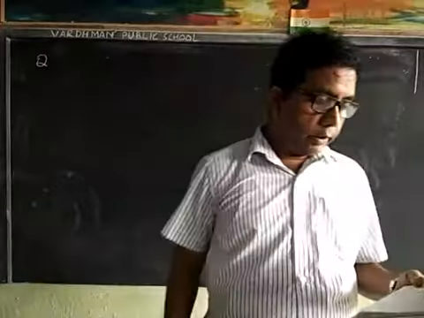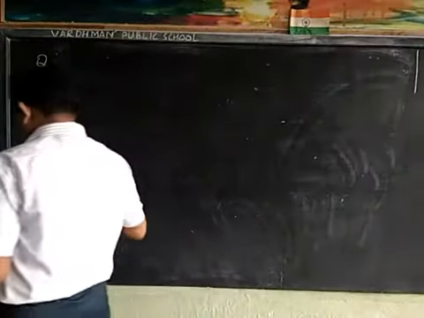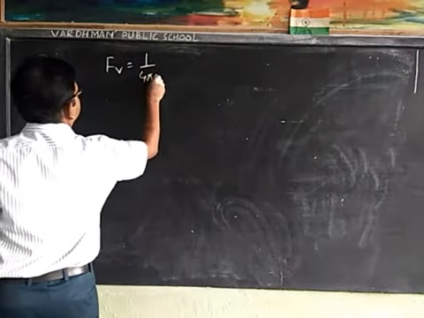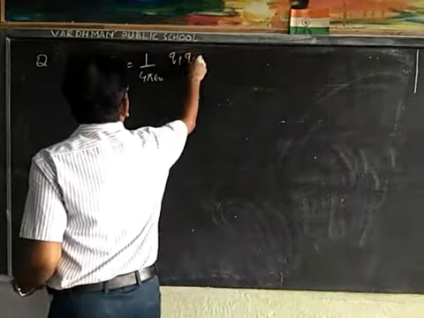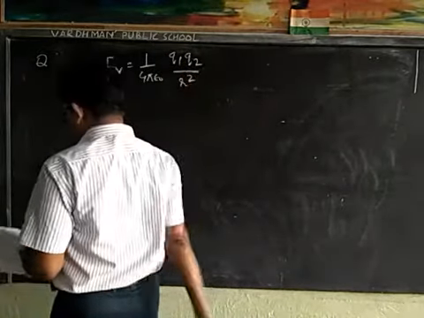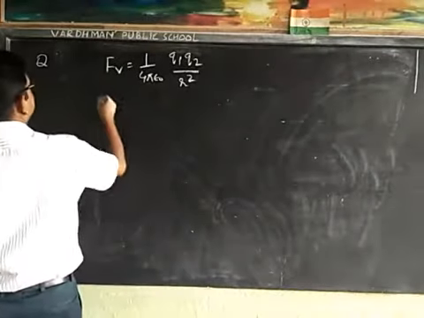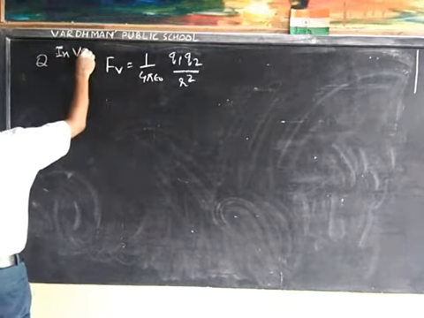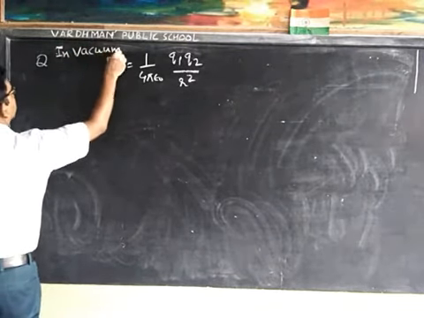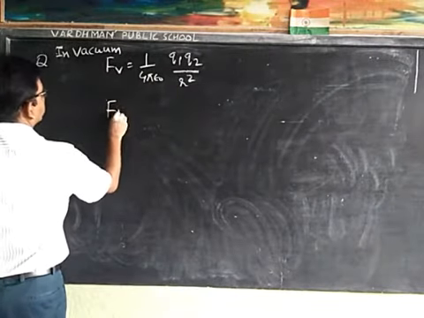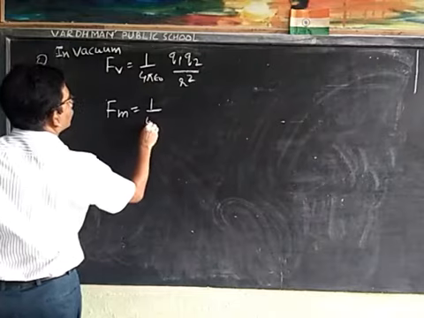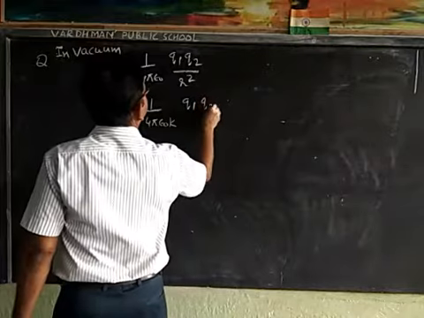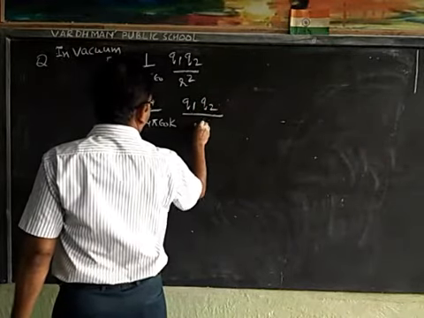Now we know in vacuum the force is 1 upon 4 pi epsilon naught Q1 Q2 upon R square. This is in vacuum. In a medium it is 1 upon 4 pi epsilon 0 K Q1 Q2 upon R dash square.